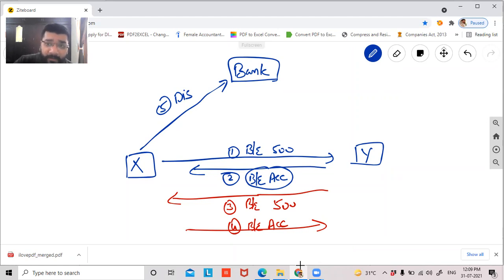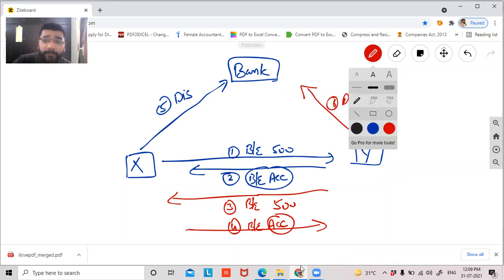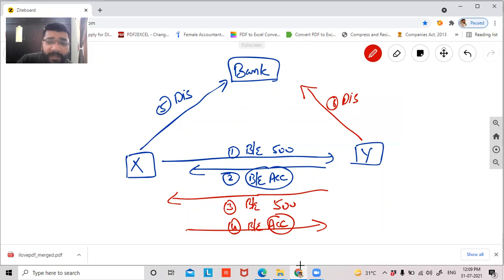And the bill which Y received from X, Y is taking to his banker and getting it discounted. And on the due date, guys, the payment is made. Y has to make the payment.